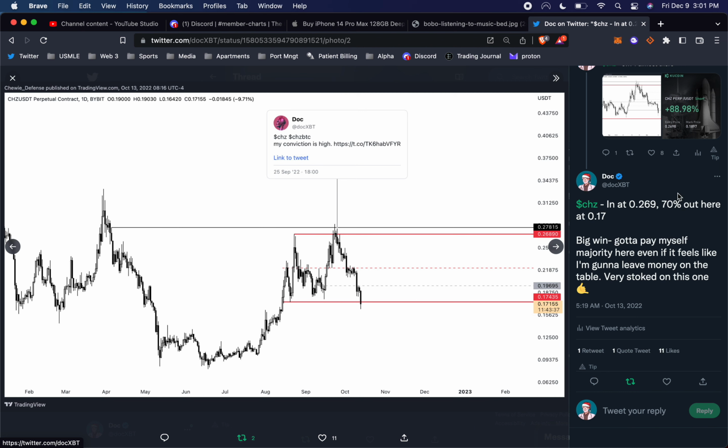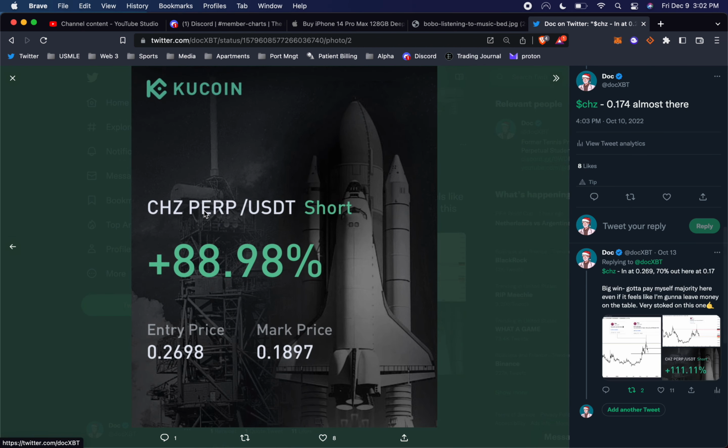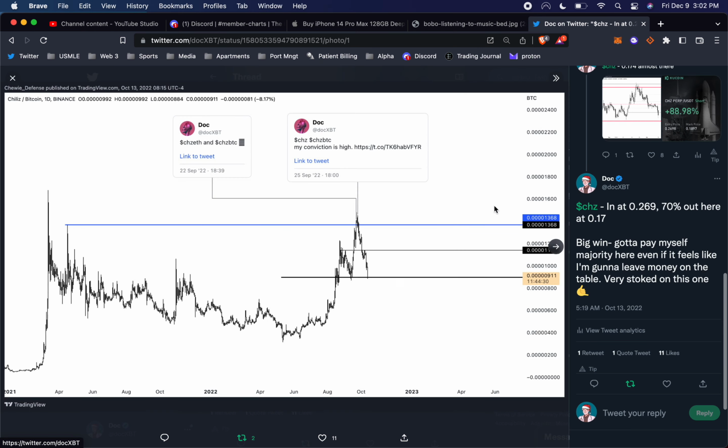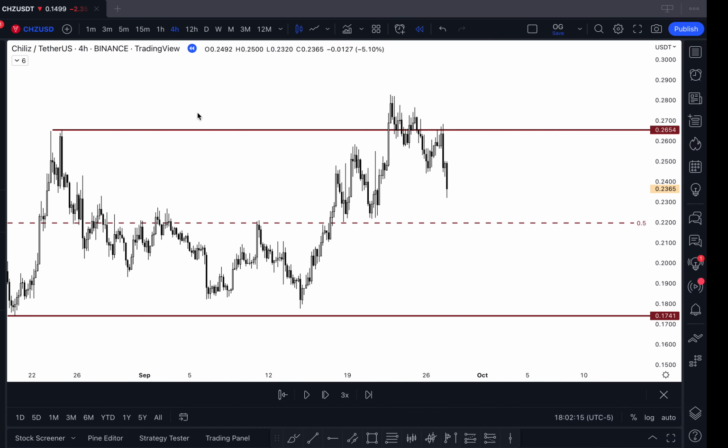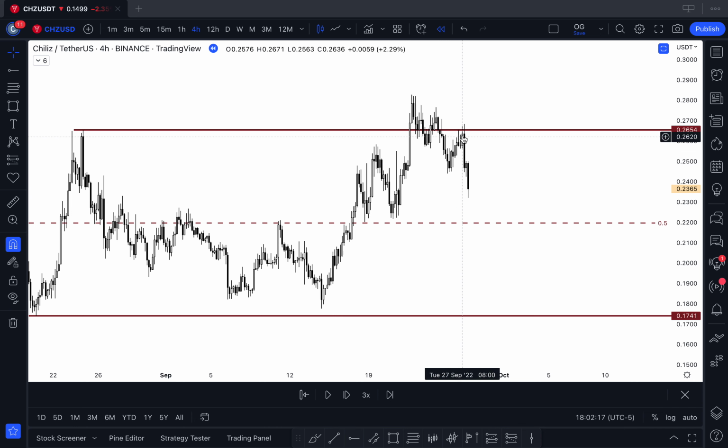Okay, so here we go. 26.9, right? These are the setups that I put out, these are the tweets that I put out. September 22nd, my conviction is high, right there, and this is where I tweeted it. That's where I got in. Okay, just to prove that I shorted it, that I'm not full of shit, right?